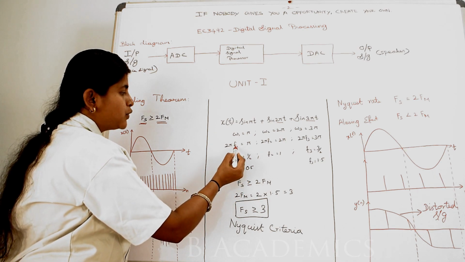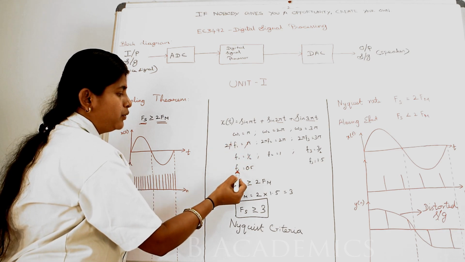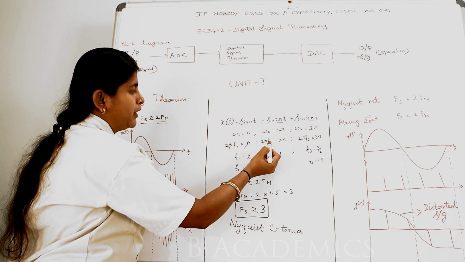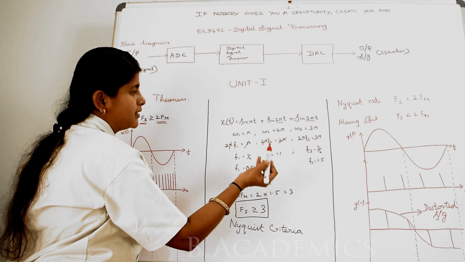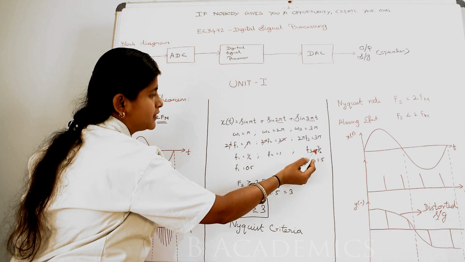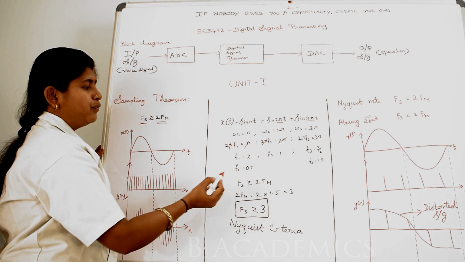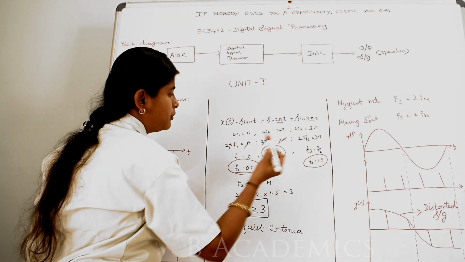For F1, 2πF1 = π, the π cancels, and you get 1 by 2, which is 0.5 Hz. For F2, 2πF2 = 2π, the 2π cancels, so F2 is 1 Hz. For F3, 2πF3 = 3π, so F3 is 3 by 2, which is 1.5 Hz.